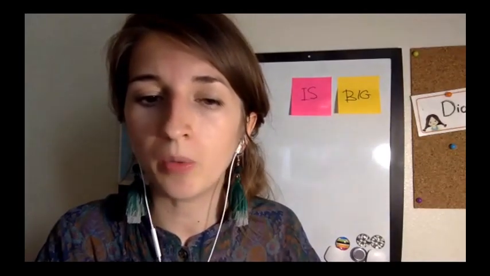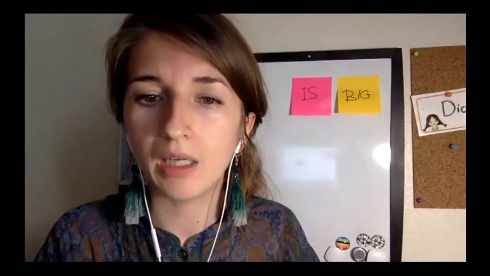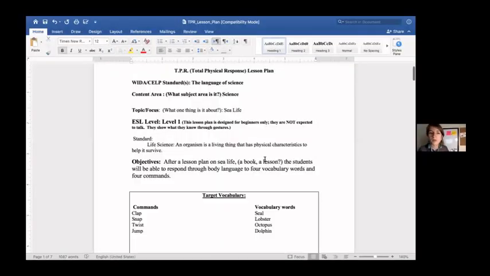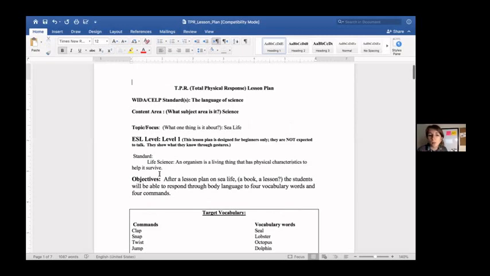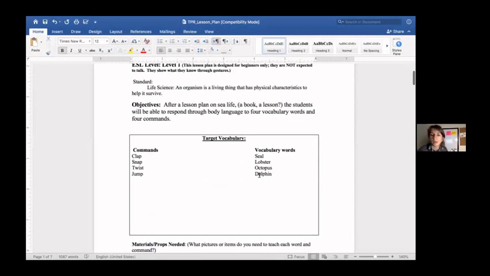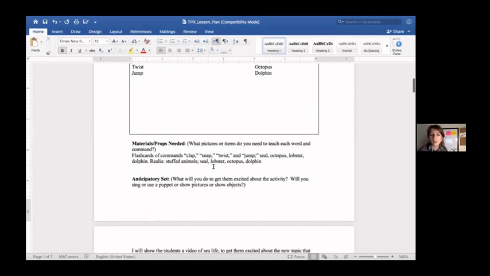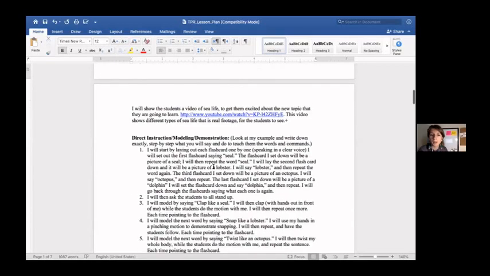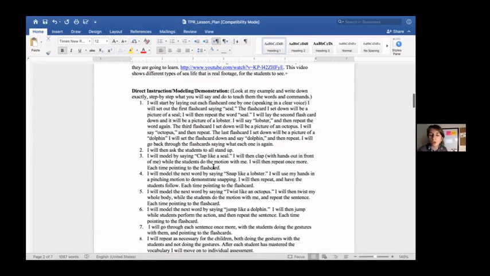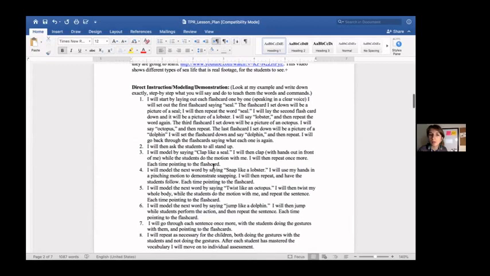And I will also send you a lesson plan for TPR. It's nothing else than what I covered today. It's just a lesson plan for the language of science. And if you are at the stage of planning your lessons in that way, which some people do, I do that sometimes, you again start with the topic, objectives, and then you choose the target vocabulary, materials, and then you consciously put an effort into developing instruction and modeling.